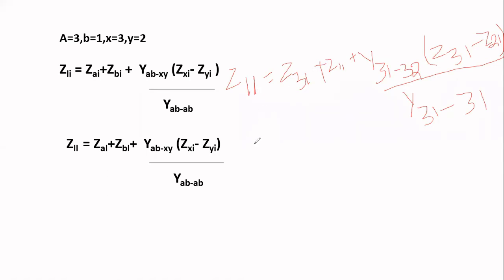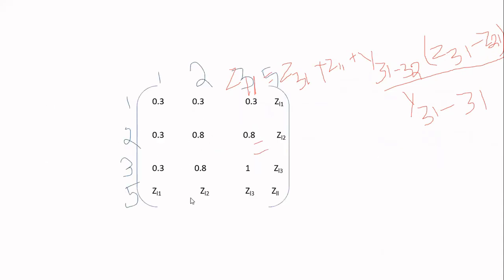Then substitute these values. In the Z matrix, Z31 is 0.3.